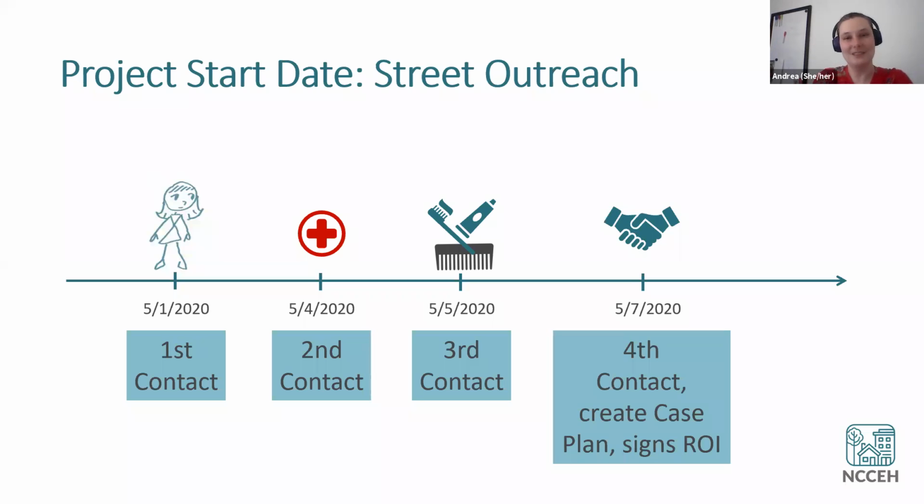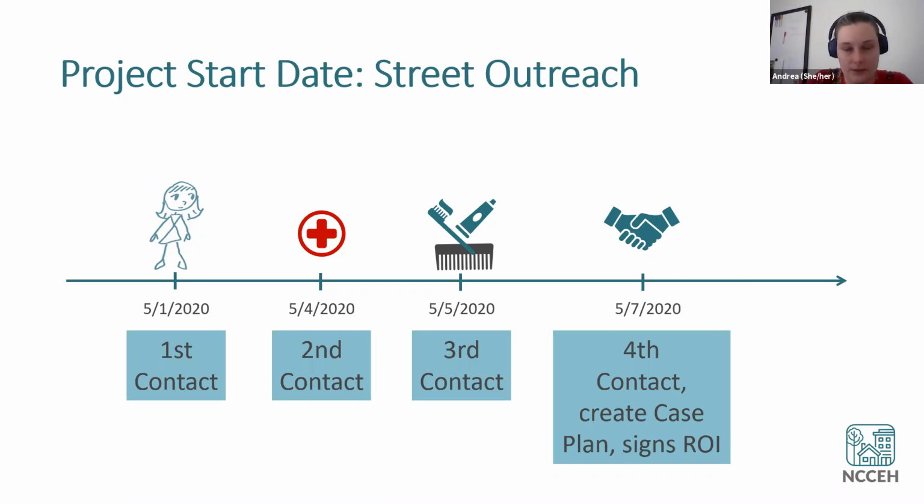Excellent. So when should the outreach worker record a project start date in HMIS? And at what point does the client have a data engagement? And that second question is a little bit of a curveball, I know. All right, just a couple more seconds here, and we'll end that polling.